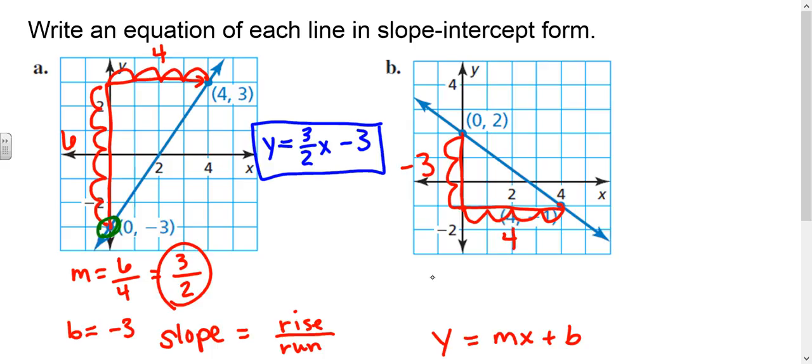So on this one, my slope is -3/4, and my y-intercept is right here at 2. So b equals 2. The equation of my line, plugging those numbers into y equals mx plus b, would be y equals negative 3/4 x plus 2.